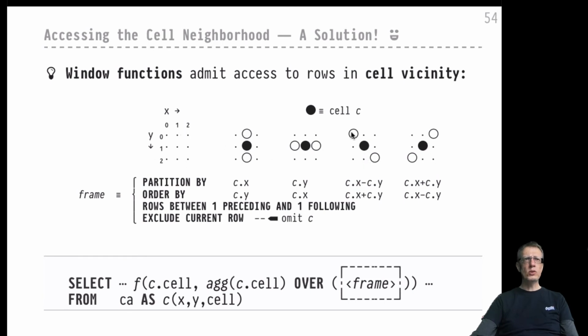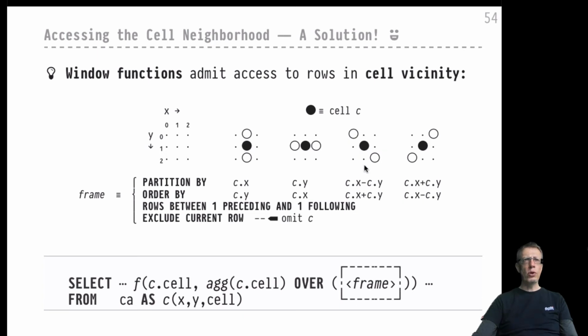If you look at the xy coordinates of the cells in this snippet here, then the difference of the x and y coordinates is 0 for all of the cells in this diagonal. It will be -1 for all the cells of this diagonal. It will be +1 for all the cells in this diagonal. So partitioning the cells by this difference will identify diagonals in our grid.